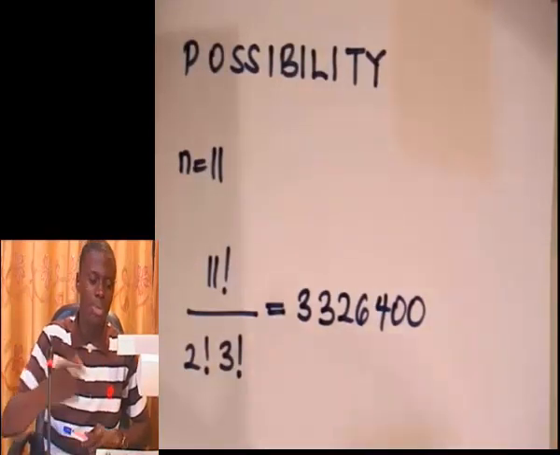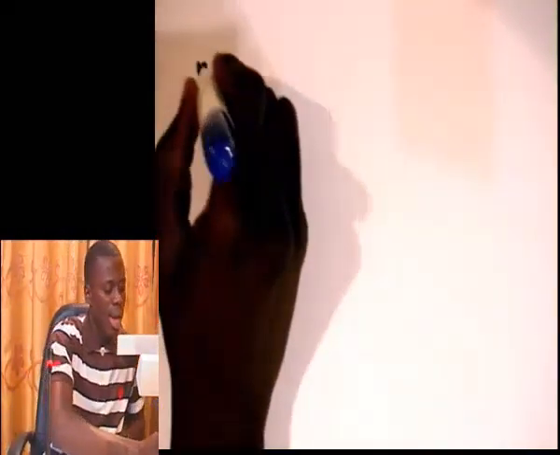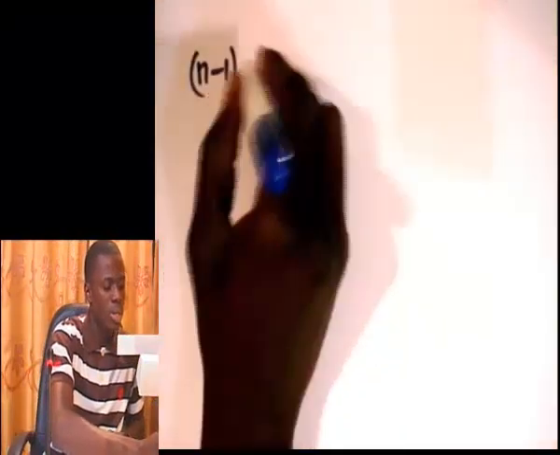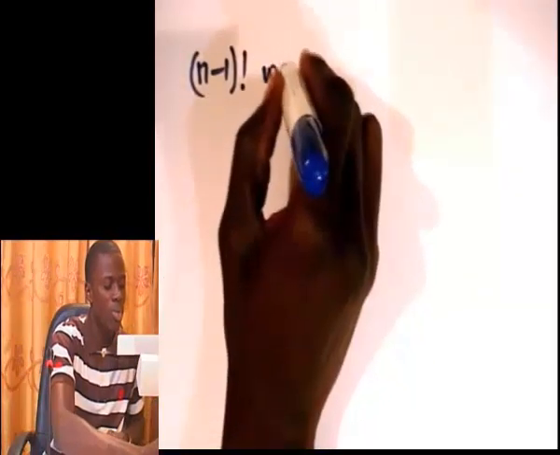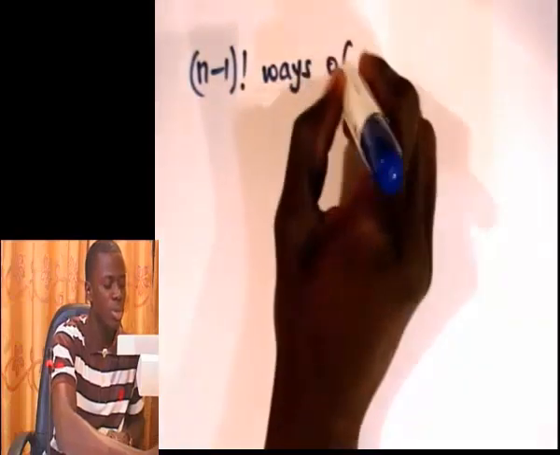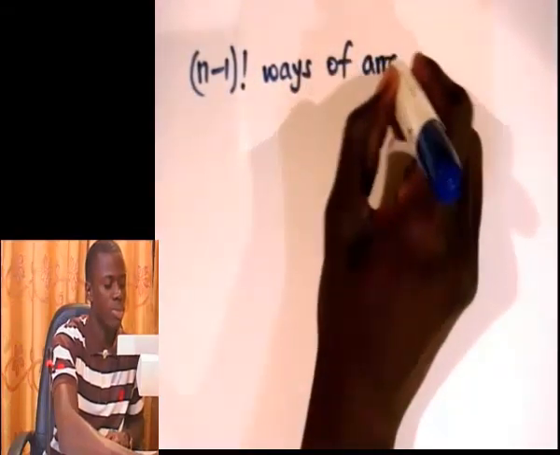Okay, now let's get to circular permutation. The number of circular permutations of 6 persons sitting around a circular table. Now this brings us to a very important aspect of permutation. When you're arranging n items in a circle, there will be n minus 1 factorial ways of arrangement.